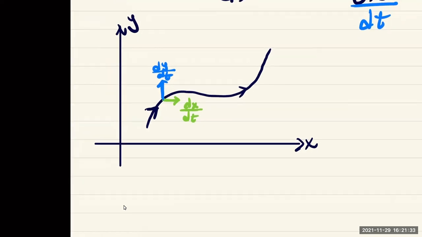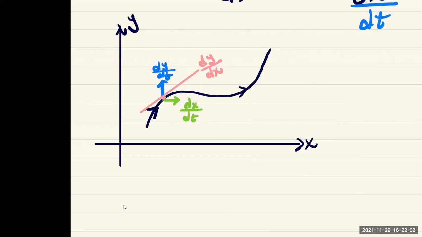All right, so to find the slope of the tangent line, let's say this is the tangent line, the slope of that is dy/dx. I hope you guys can see the difference between those derivatives.